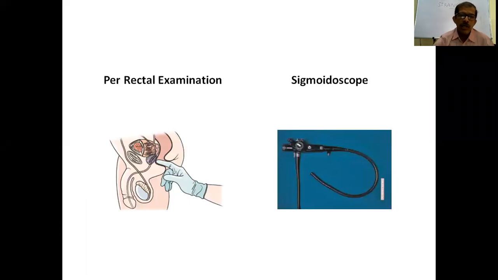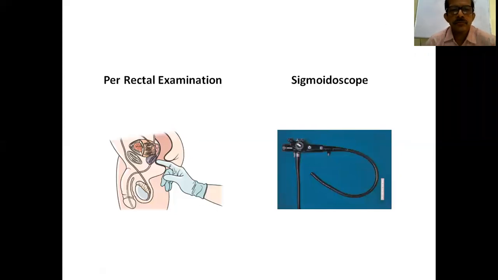So this is how you have to put your finger, in various positions, all of you know. The three positions which we adopt for per rectal examination, what are they? Can I know from you? Three positions. Yes, what are the positions?